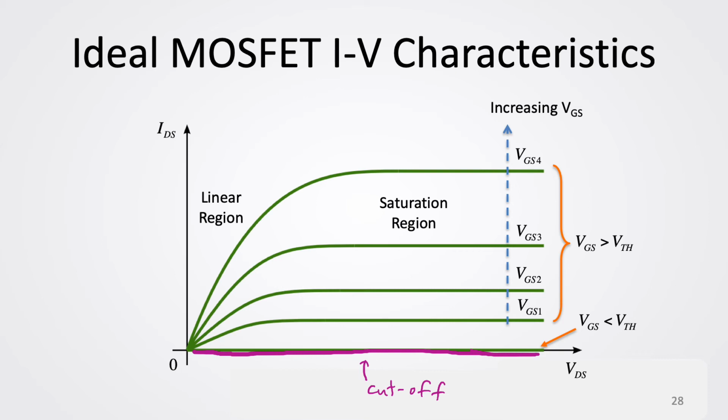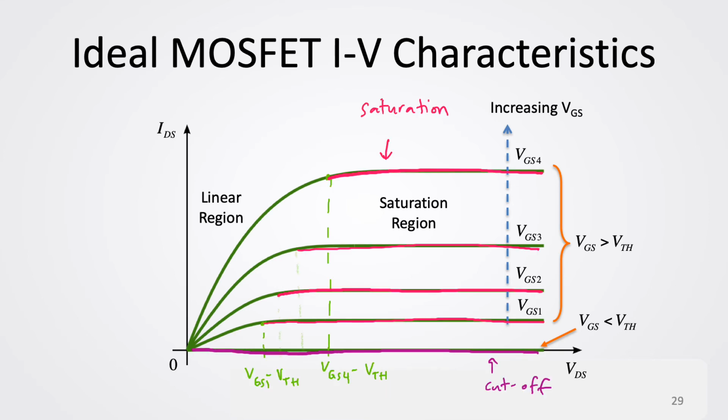Now, between linear and saturation, we said that ang conditions natin is VGS should be greater than VTH, as well as there's also a condition for VDS. Yung boundaries natin would be when VDS is equal to VGS1 minus VTH.